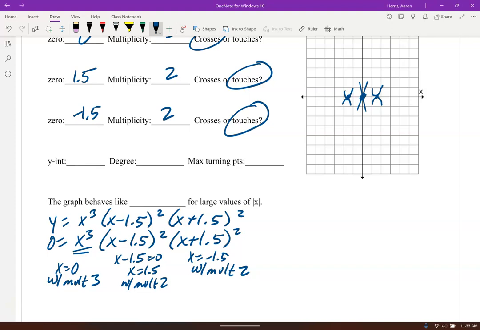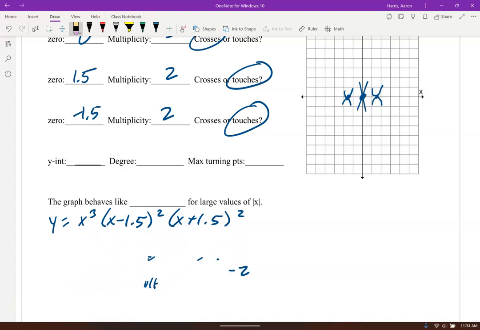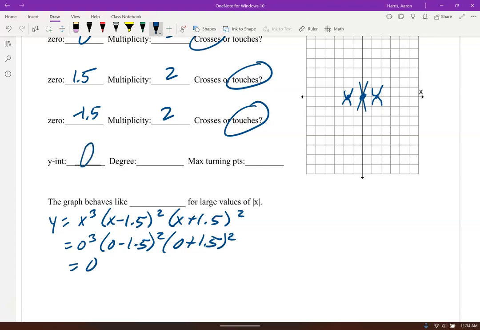If I throw 0 in for x to find the y-intercept: 0 cubed, 0 minus 1.5 squared, 0 plus 1.5 squared. Well, 0 times anything is 0. So the y-intercept is 0. Hits the origin again.